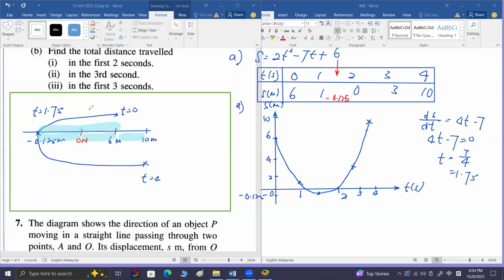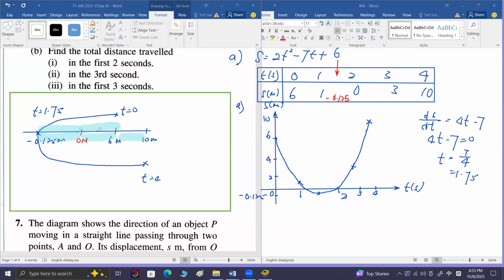See that? If you're asked to find the total distance in the first 4 seconds, it is 6 plus 0.125 plus 0.125, or directly plus 10. You got what I mean? But now it's a bit different, because the question asks about something else. So I do it like this.